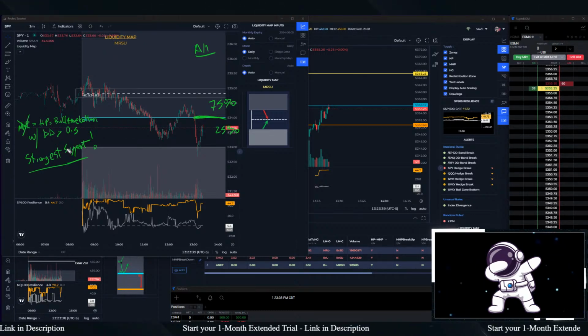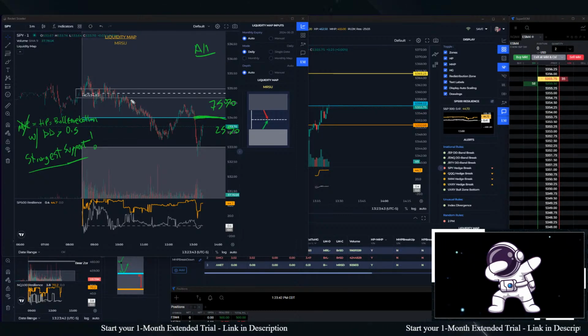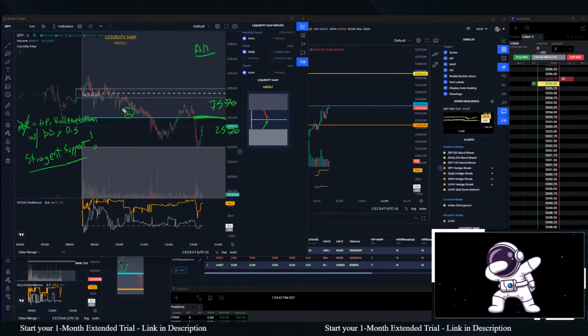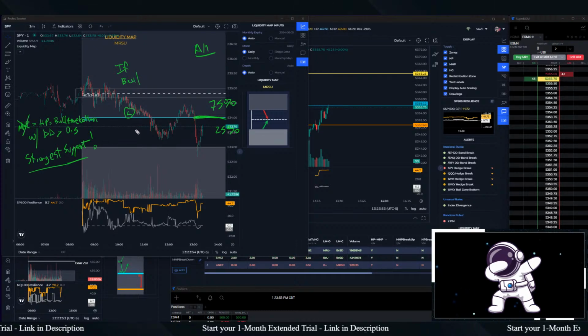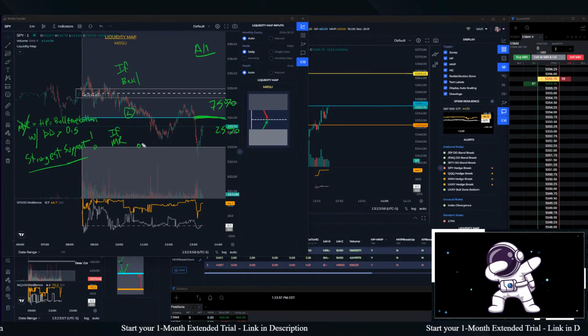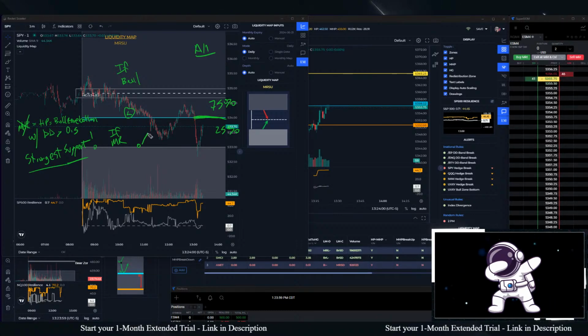Okay, so a couple rules with the DD ratio. Number 1 is I always long here. Number 2, if bull, I always long here. If mean reversion, I always long here at minimum.